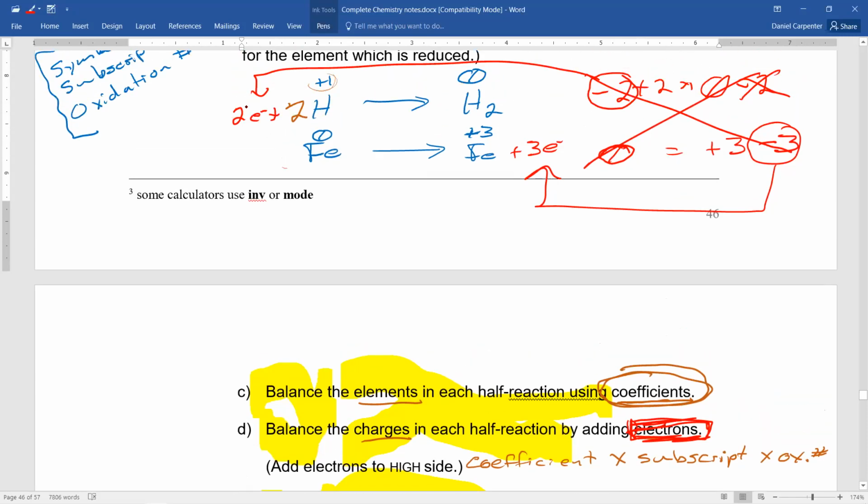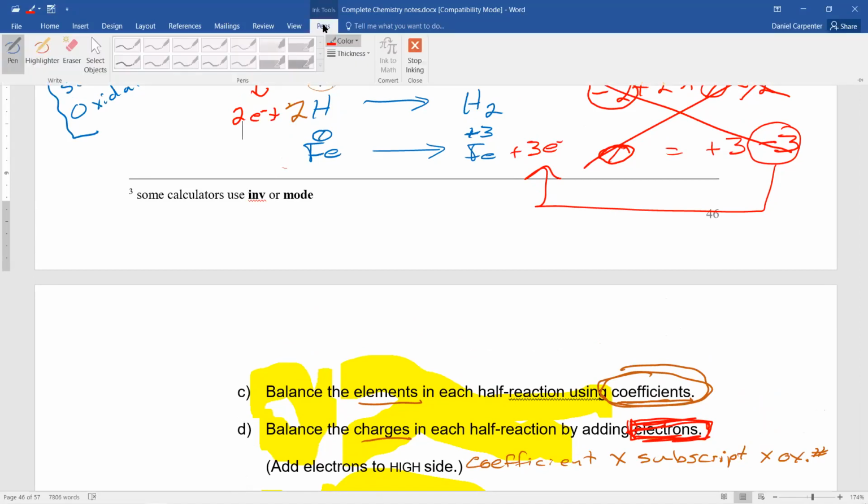The least common multiple of 2 and 3 is, I'm hopeful that you guys are with me and could answer if you had your mics on, that the least common multiple of 2 and 3 is 6.